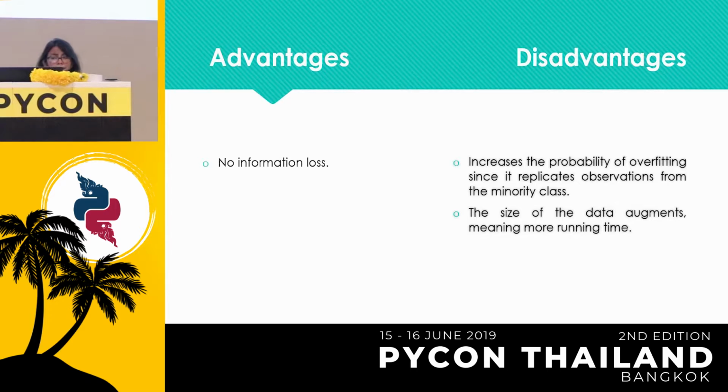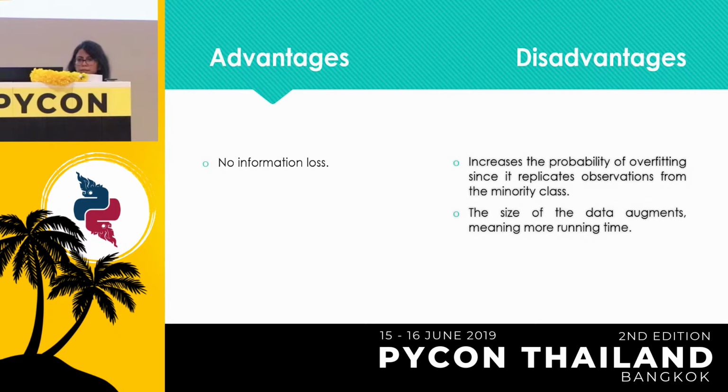We have disadvantages as well, and one of them is that this type of technique increases the probability of overfitting, because we are going to replicate observations from the actual data, and the size of the data augments. That means that we will have to use more computation.